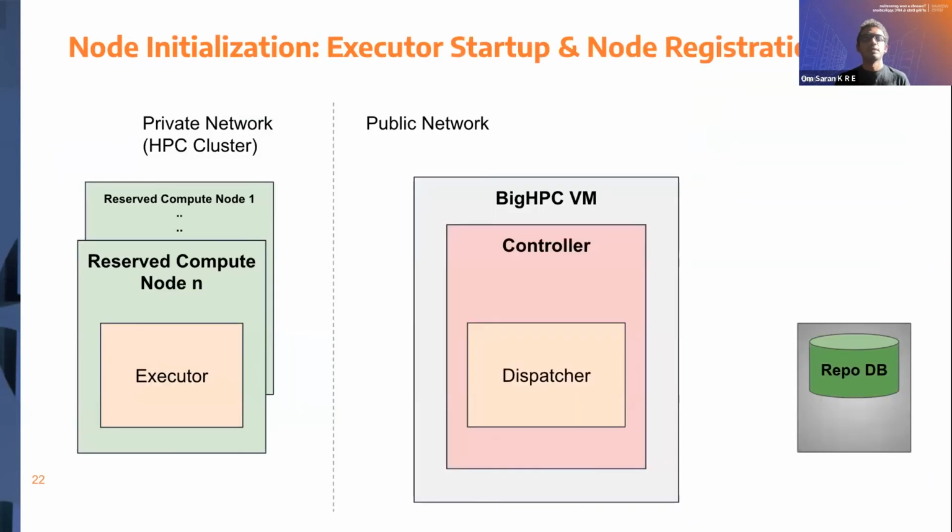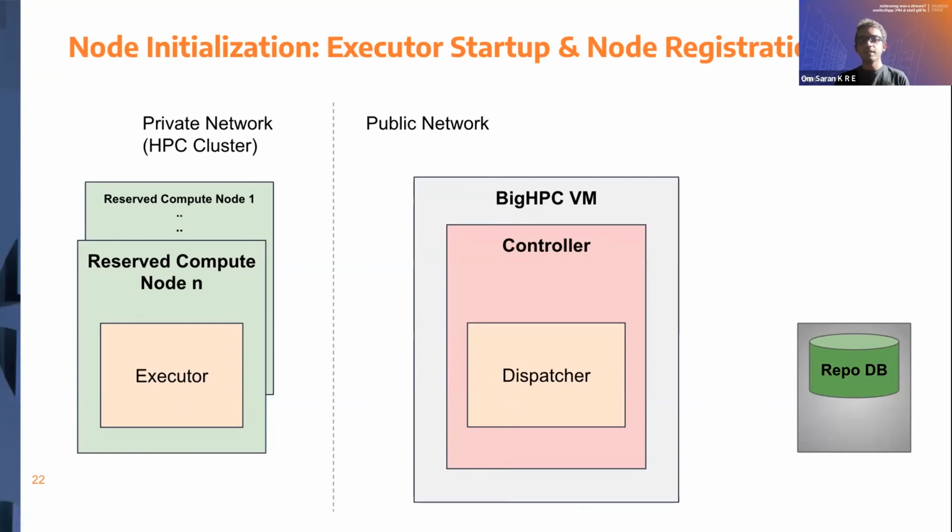Then once the nodes are reserved, we'll see how they get initialized before they can be used to run the BigHPC workloads. As we saw previously, in the private network we have a bunch of compute nodes, and now that they have been reserved and the executor has started, we'll see what the executor does as soon as it starts.